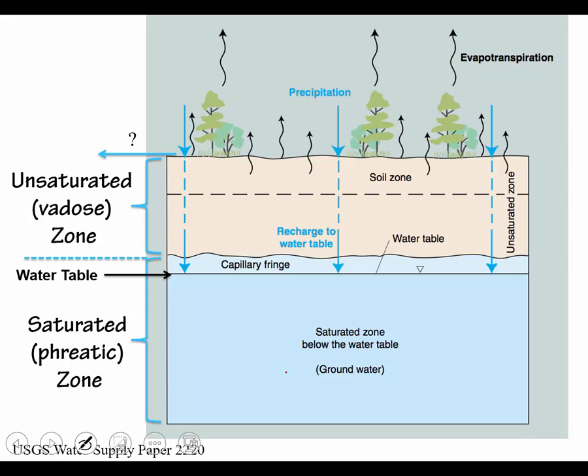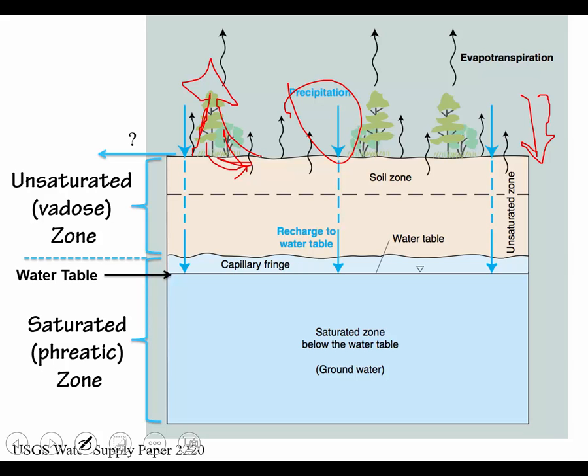So that water that comes down has several things happen to it. Here's the precipitation. Some of it is evaporated. We know that. Some of it goes into the soil zone, but then is picked up by plants, and it is lost by transpiration.